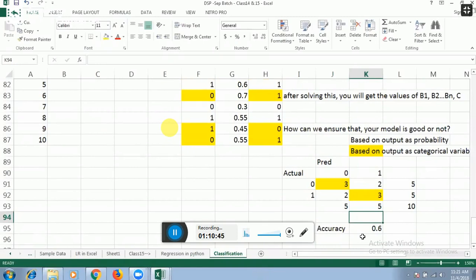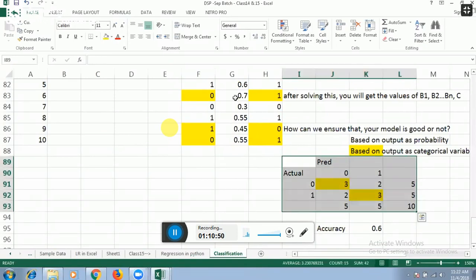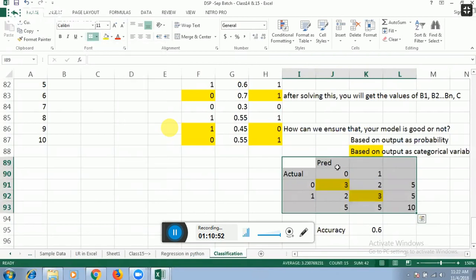Are you able to follow me? And this metric, this matrix, this comparison, whatever we are doing, we call it a misclassification matrix.